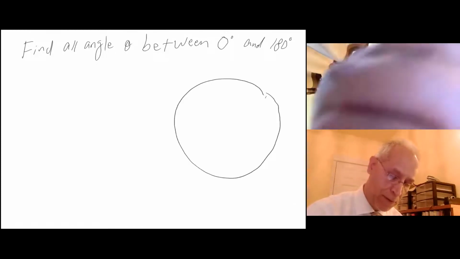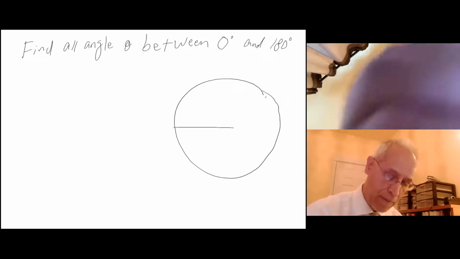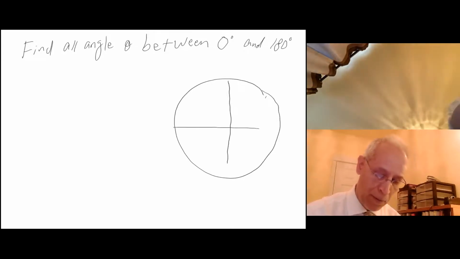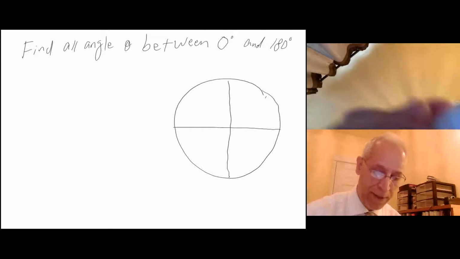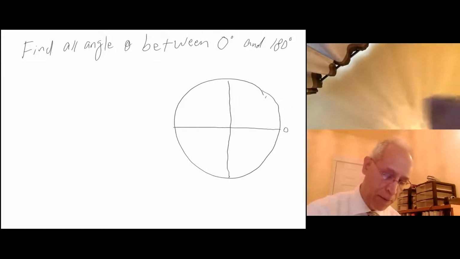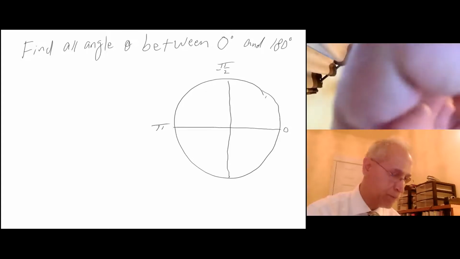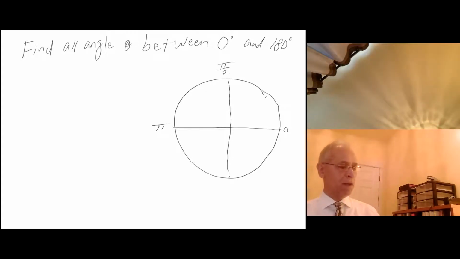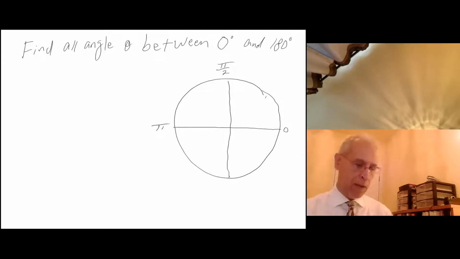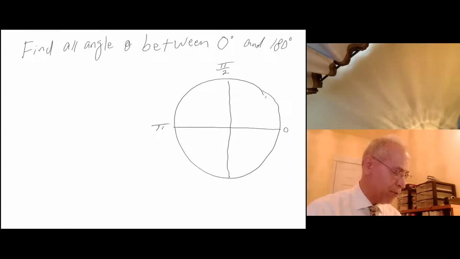So if this is a unit circle, I'm looking at quadrant 1 and quadrant 2. So 0, pi here, and pi over 2. The first one is sine of theta equals 2/3.